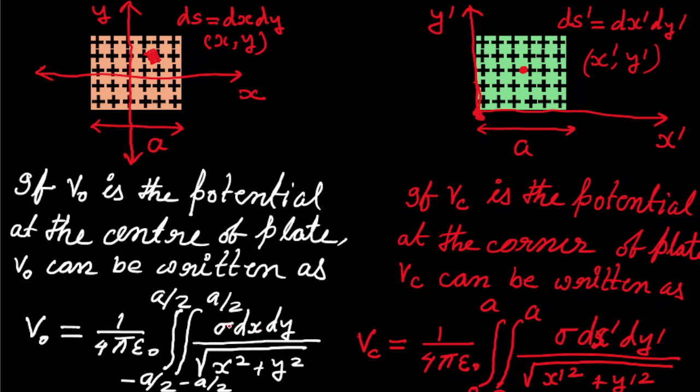For that we have to change the limits first. So how can we change these limits? We have to replace x and y with another set of variables in such a way that in both cases the limits become identical, and then we can take the ratio.